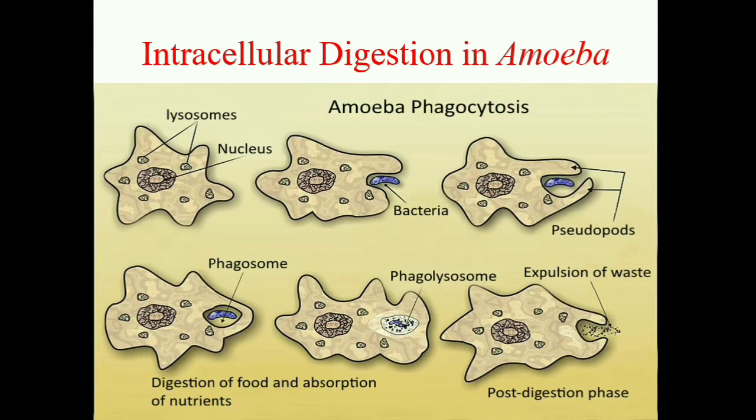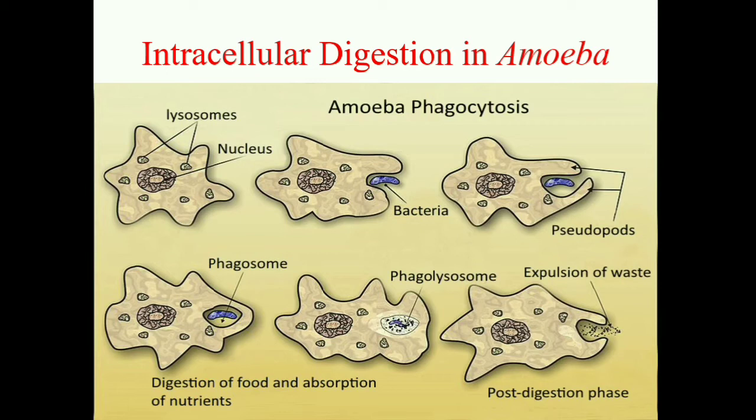Now when we talk about intracellular digestion in amoeba, it occurs inside the cell and we also call it phagocytosis. You can see in the picture. Amoeba has finger-like projections called pseudopodia, and through pseudopodia it is going to engulf food particles like bacteria and other smaller microbes.